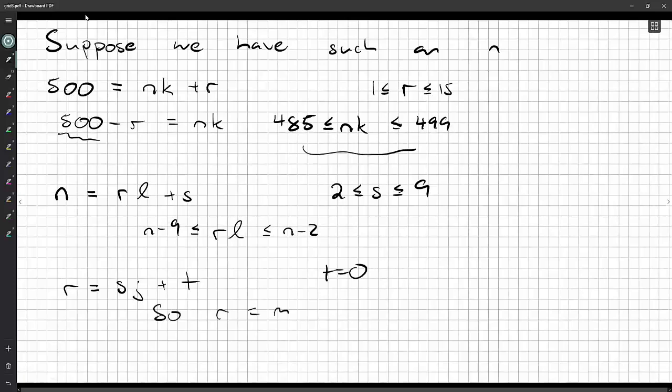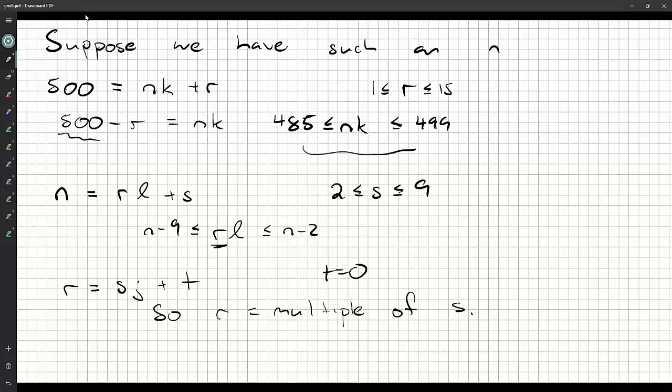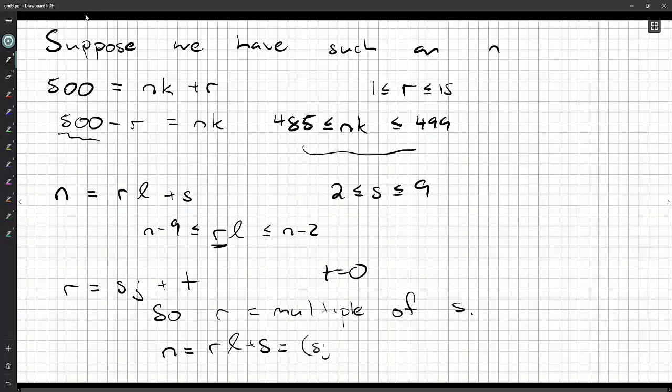So R is a multiple of S. So this does narrow down what R can be. And if R is a multiple of S, N must be a multiple of S. Because N is RL plus S, but R is just Sj, so we get SJL plus S. This is S(JL plus 1).